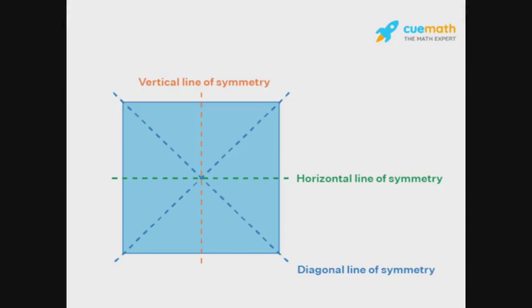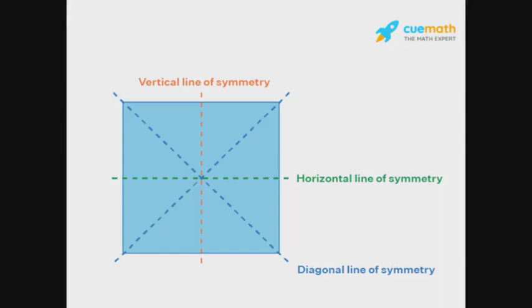From our study, we have also seen that there are different types of lines of symmetry. One is the vertical line of symmetry. The one that cuts from top to bottom is called the vertical line of symmetry.